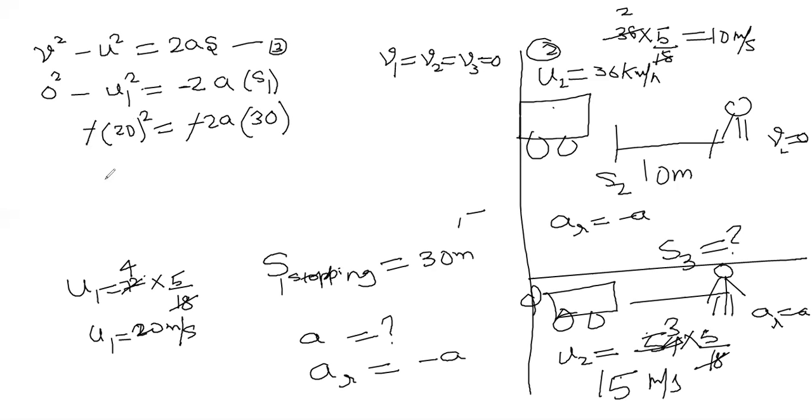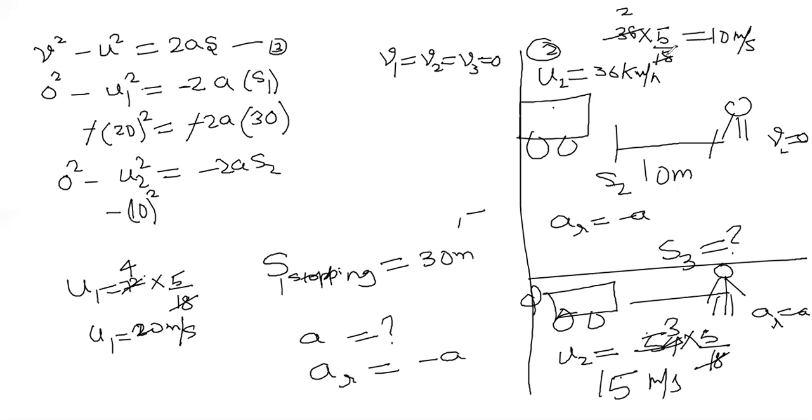Similarly, can you tell me the second equation? 0 square minus u2 square is equal to minus 2a s2. What would that be? 0 square minus 10 square.